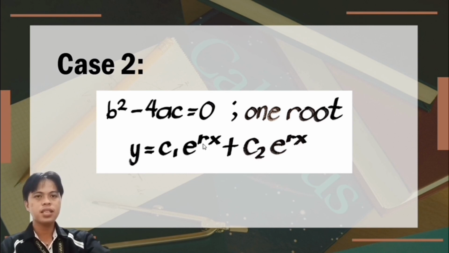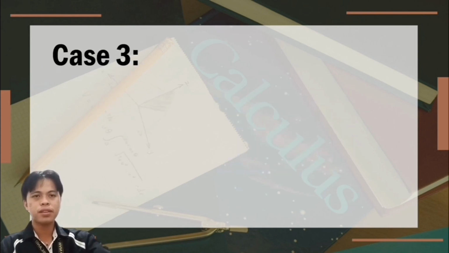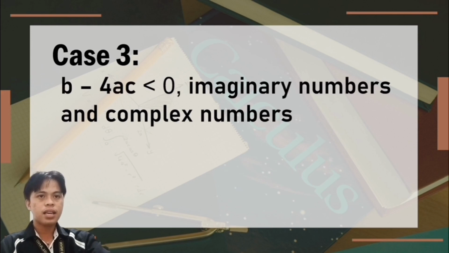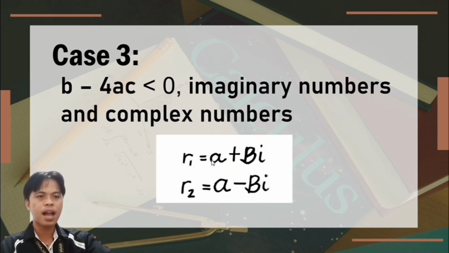For the third case, when the discriminant b squared minus 4ac is less than 0, we will have the roots as imaginary or complex numbers. For example, the first root, r sub 1, would be alpha plus beta times i, and the second root, r sub 2, would be alpha minus beta times i.